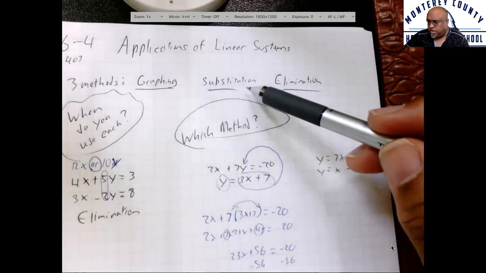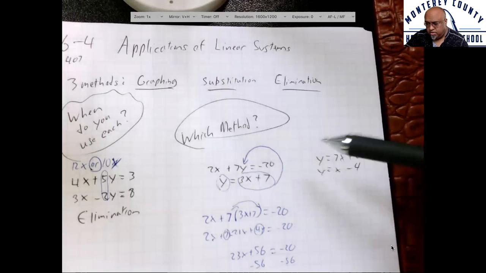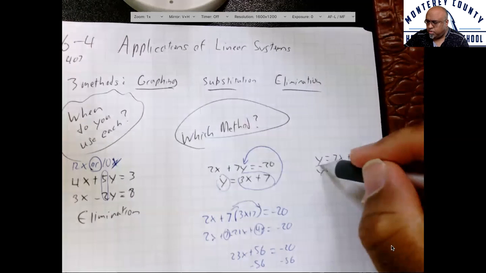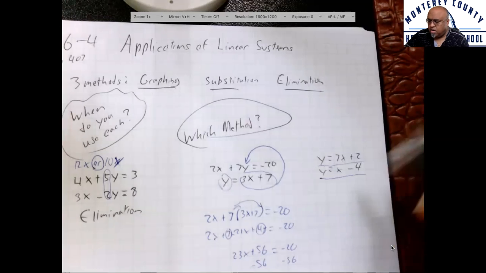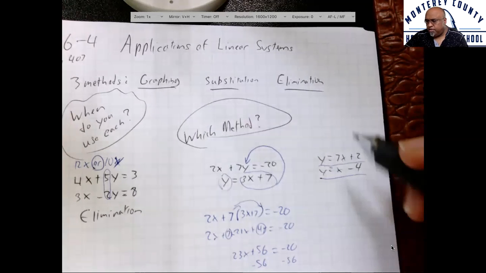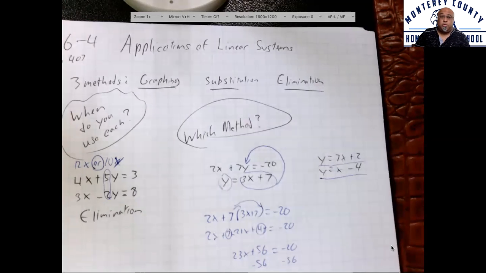The substitution method, I could easily do that too. I'm going to pick the graphing method. Why? Because both of these are written in slope-intercept form. So for the last one, I can use any method. To be truthful, I can use any method for any of the three systems that I had here.